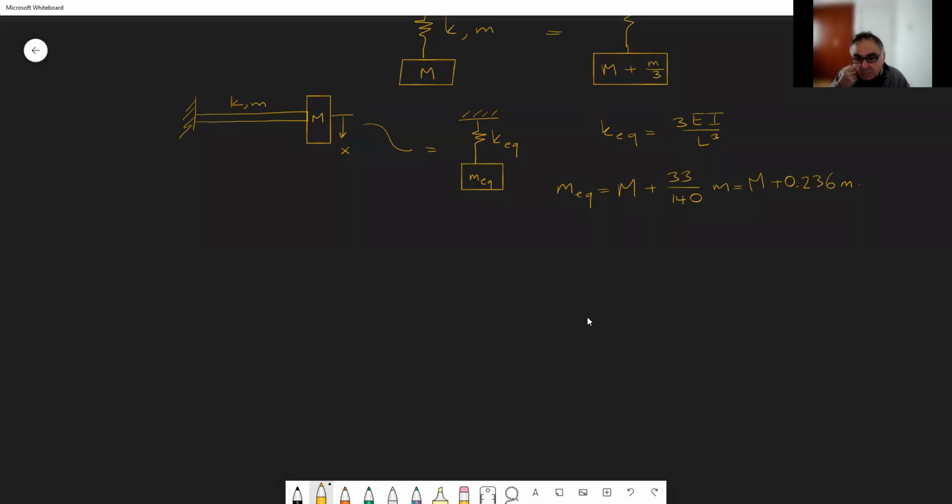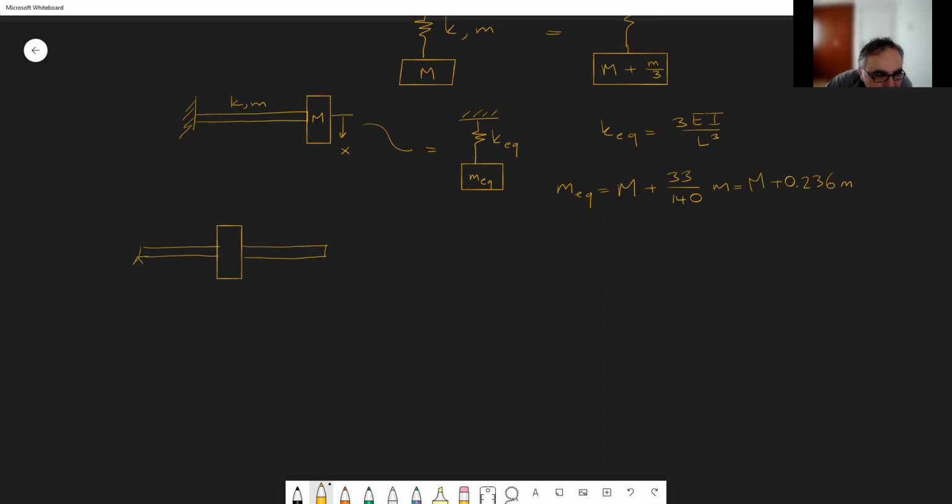Okay, let me give one more example, then I guess I have to stop because there is no more time. Let's have a simply supported beam. Let's say that we have a mass, and that mass is carried by a shaft just in the middle of the shaft.